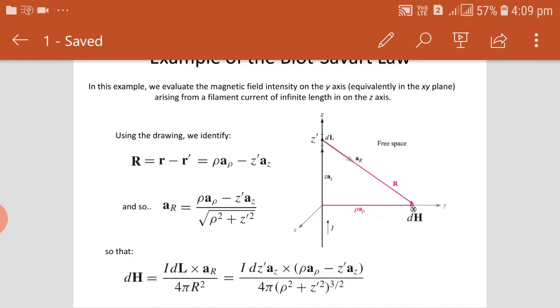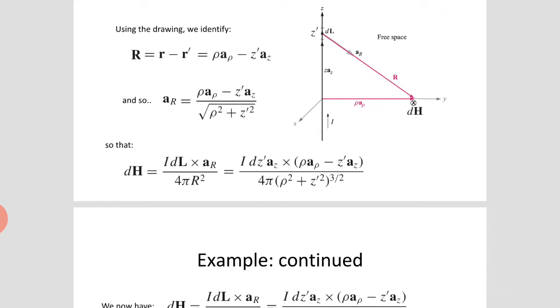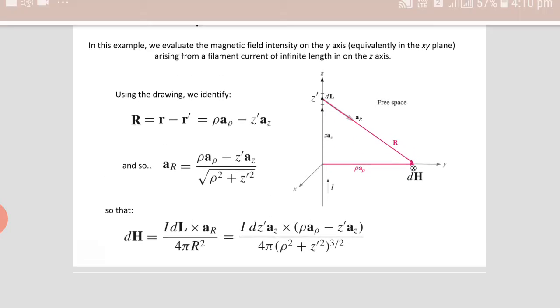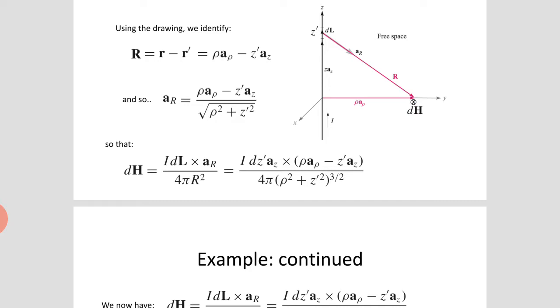I dL is the differential length, where dL is dz dash a z. So I dL is I dz dash a z, cross a R, where a R is rho a rho minus z dash a z, divided by 4 pi times rho square plus z dash square raised to 3 by 2. So this will give you the dH.